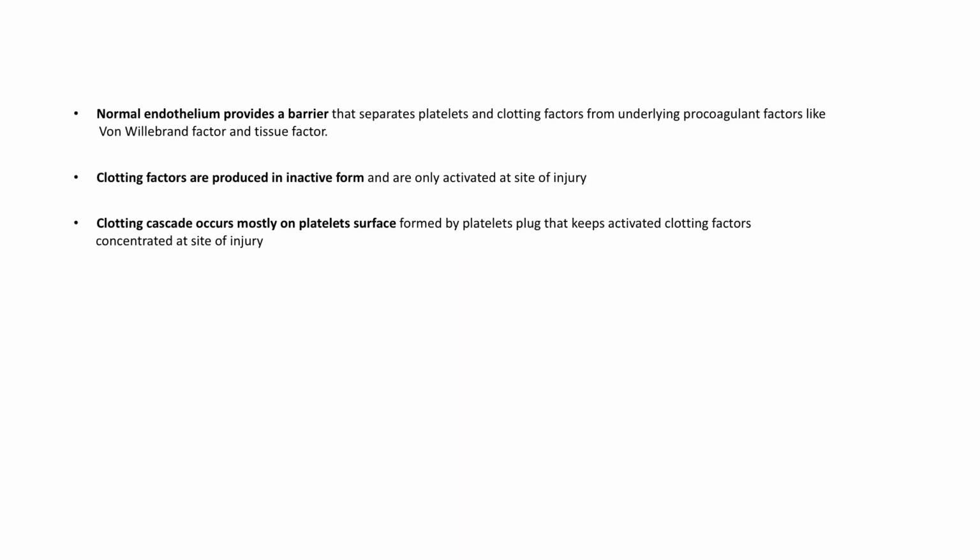In addition, all clotting factors are produced in inactive form and are only activated after vessel injury. And when activated, these clotting factors are kept at the site of injury because the clotting cascade mostly occurs on the platelet surface provided by the platelet plug that is formed at the site of injury.